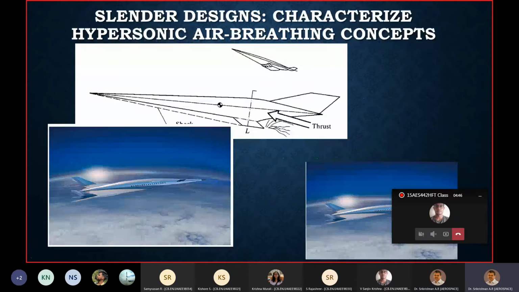Now, as we have seen already, and as you are familiar from the fundamentals that you had for small perturbation approach in aerodynamics in general, the whole concept is based on the response of the flow to a small disturbance.